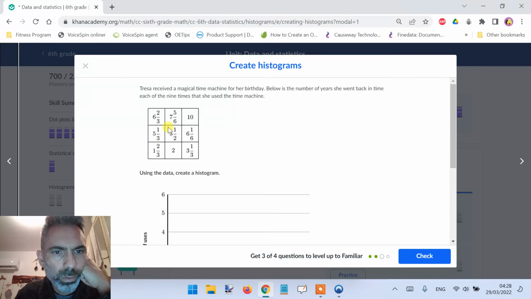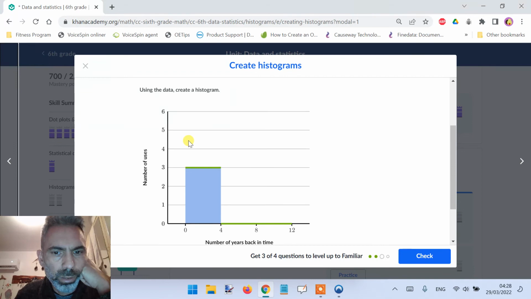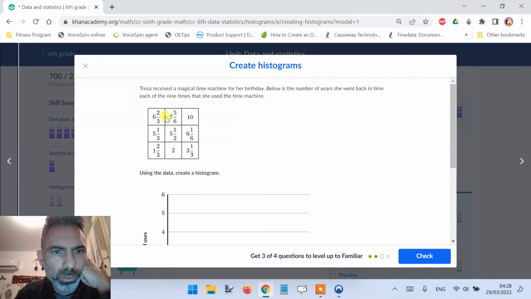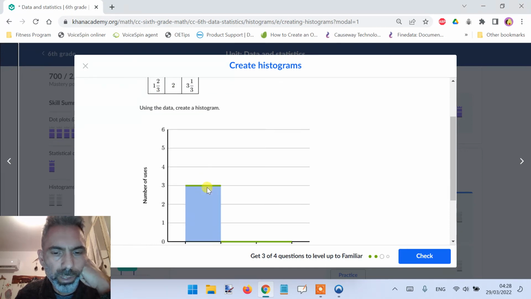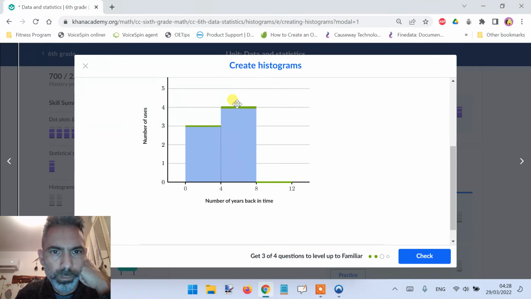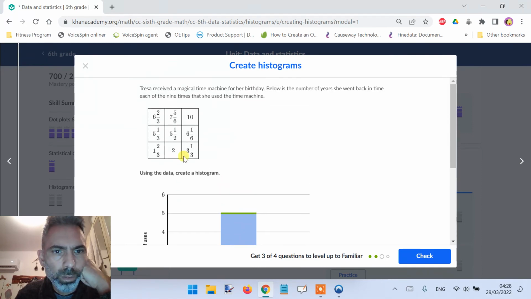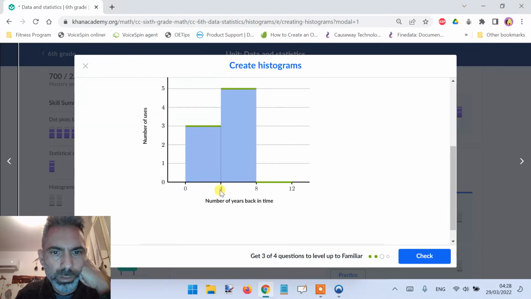So 5 and 1/3, 5 and 5.5, and 6 and 1/6. And also this one 6 and 2/3 and 7 and 5/6. 1, 2, 3, 4, 5 times. So these all fall in this range from 4 to 8.